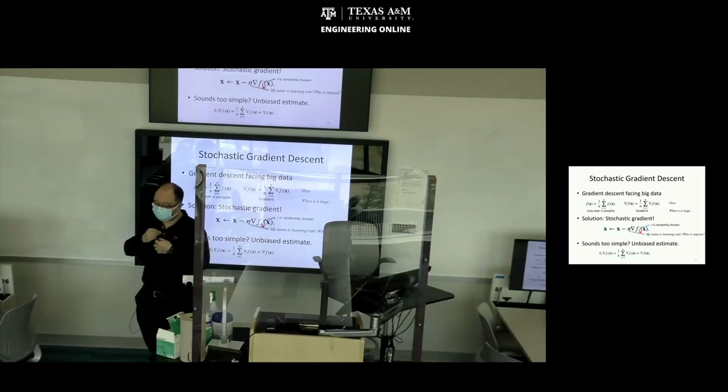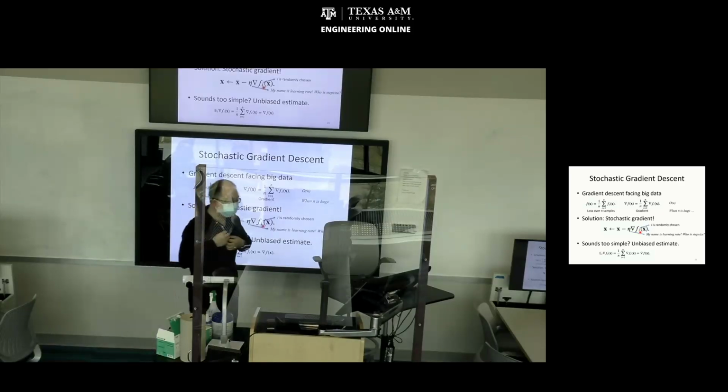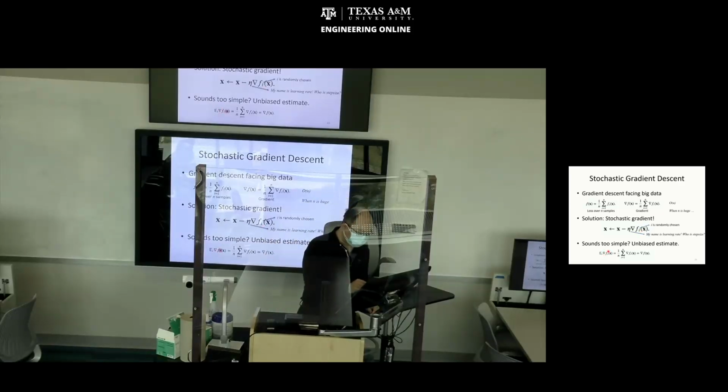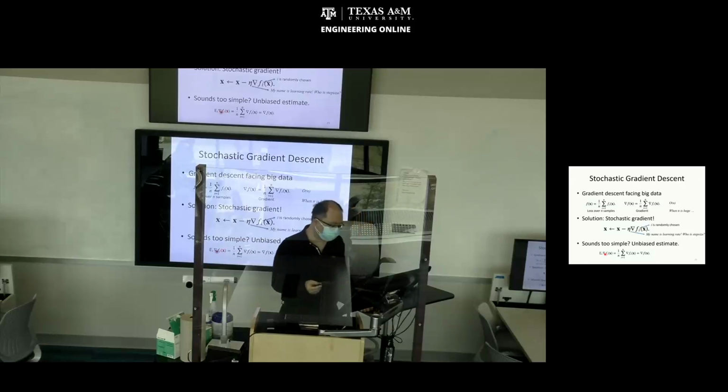One starting point to believe that it may not be a bad idea is to realize that this nabla fi of x, which is calculating the gradient according to a random example i, is called stochastic gradient.